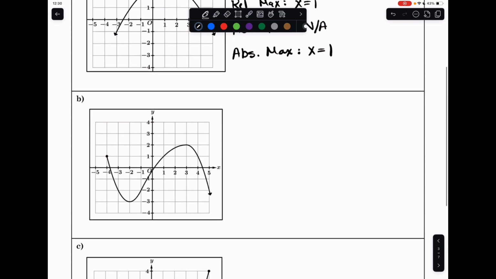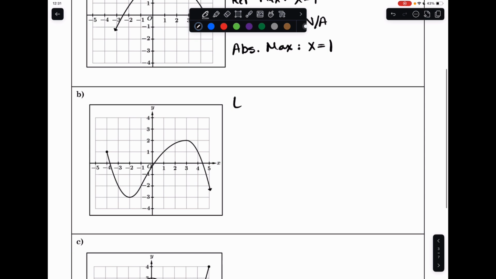So let's look at the next example. Let's identify our extrema. Again, our extrema are the points where the graph has a rate of change equal to 0. So what are the x values of the points where the graph has a rate of change equal to 0? Well, we talked about this in the previous chapter.